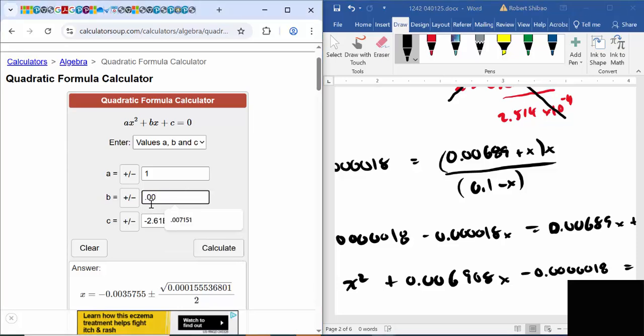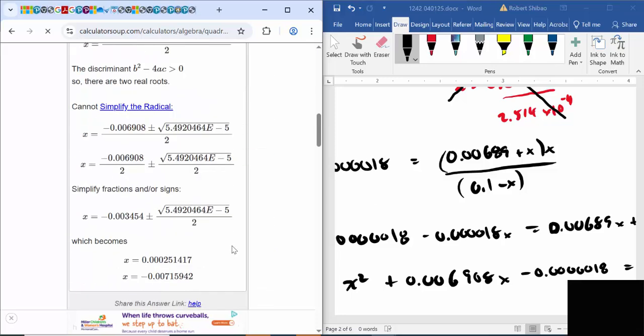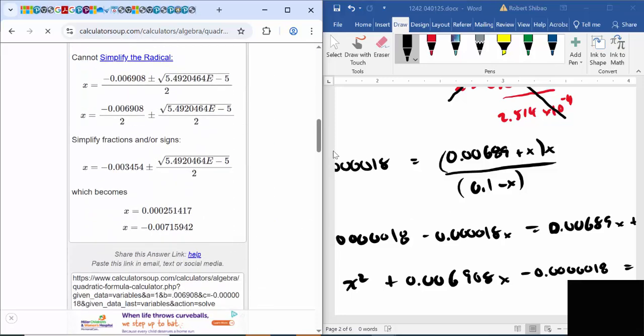This should be 0.006908, and the constant is 0.0000018. This should be negative. So you had it right. So x is 0.000251. Just carry one extra digit.